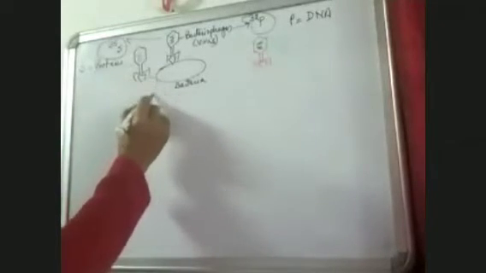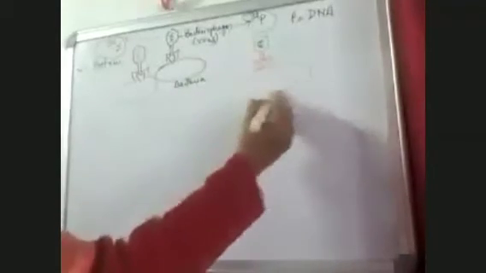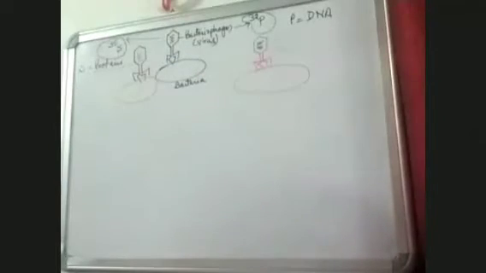the P32 radioisotope. Now, when they infect the bacteria, how do they infect? When they infect, this part goes in, the genetic material goes in. So in the first case, the genetic material which goes in is not labeled.